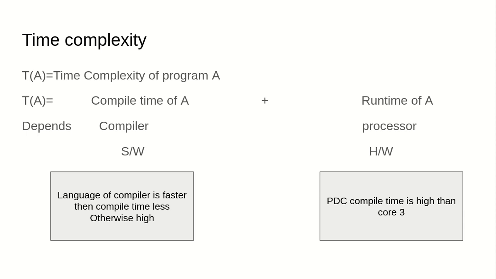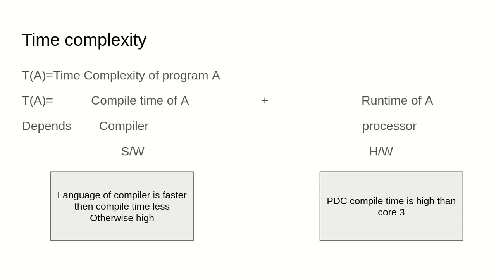On the other hand, core i3 has 4 MB of cache or more. This is an example of why PDC is slower than core 3, or core i3.